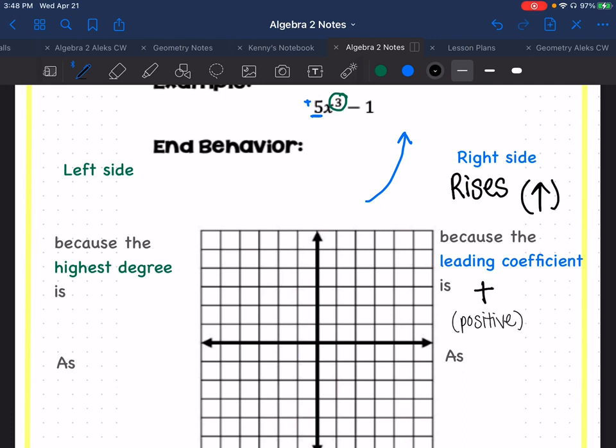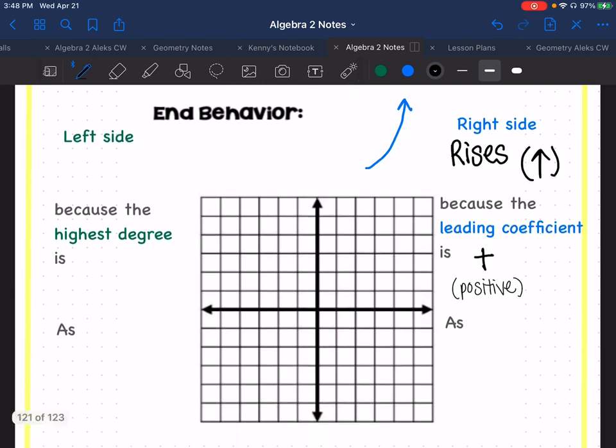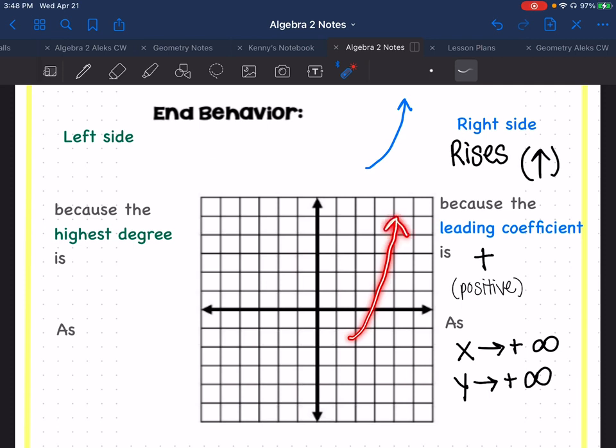And what this means is that as x is approaching positive infinity on the right side of my graph, my y values are also approaching positive infinity. As my graph is rising, both x and y are going towards positive infinity.